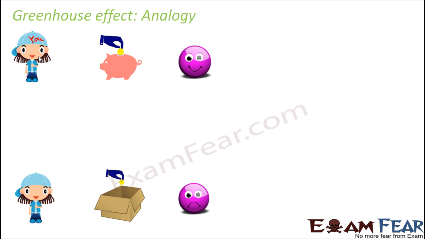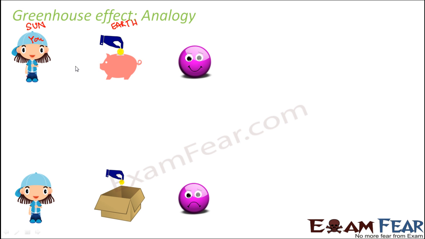Now let us try to relate it to what we have seen just now. Let us say that you are nothing but the sun. So you represent the sun and the piggy bank represents the earth. In the first scenario, what is happening? The radiations from the sun, which is nothing but the money, are entering into the earth, but there is no way that the radiations can come out.